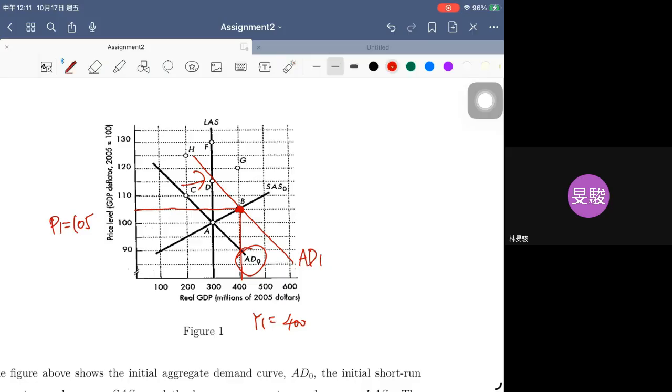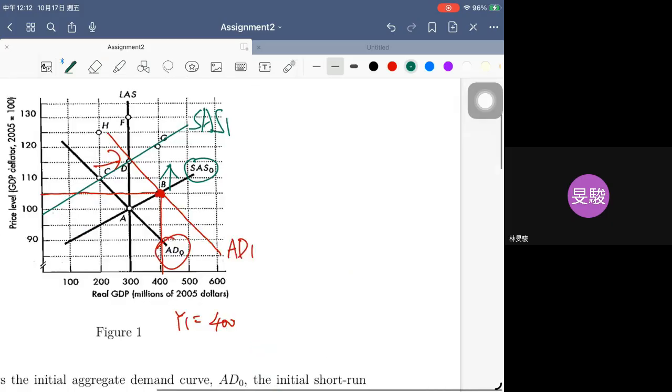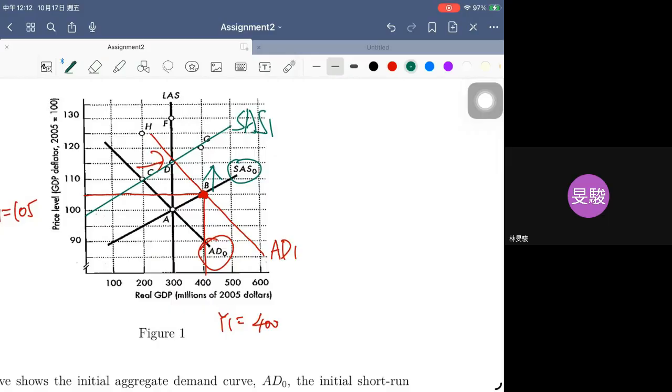I use the green color to represent the SAS line. Because people revise their expected price level, SAS0 shifts upward and intersects at this SAS1, and AD1 is unchanged.